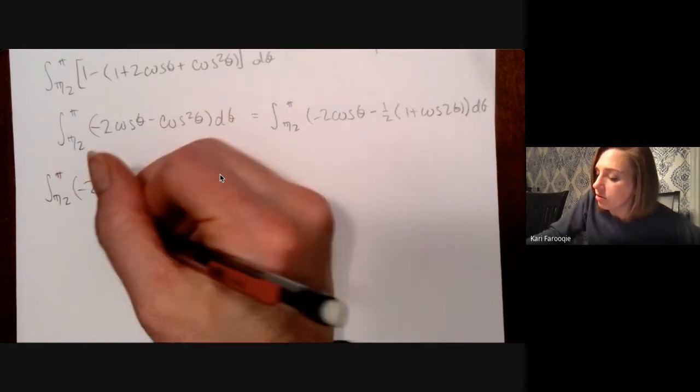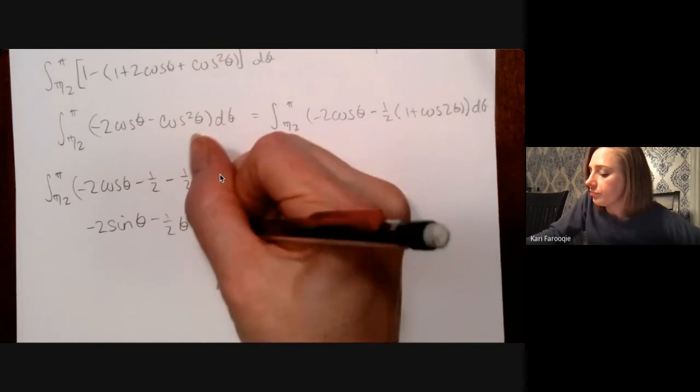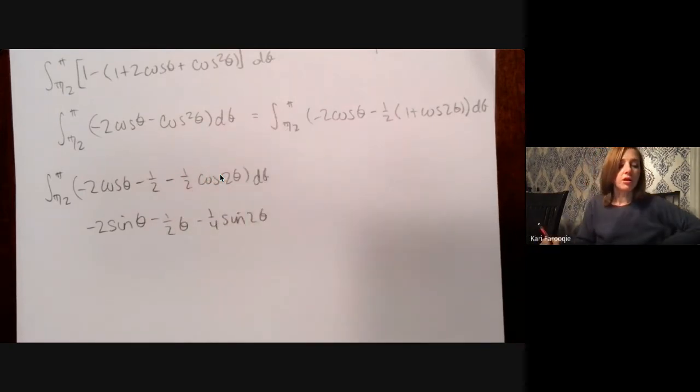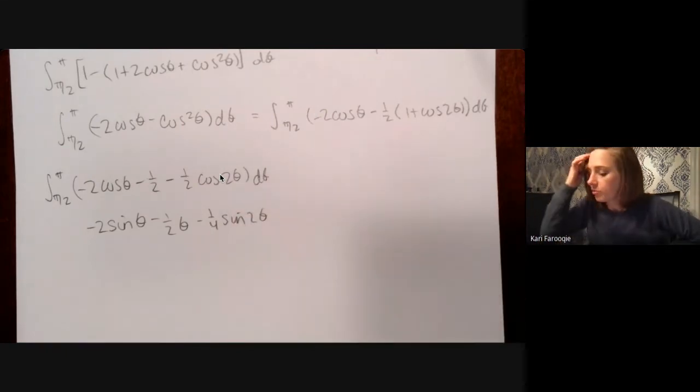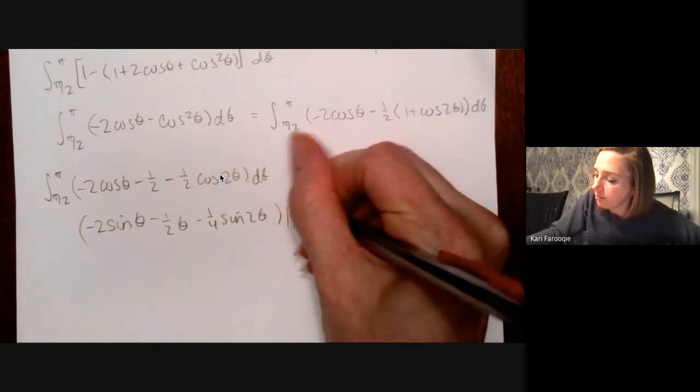So the integral of cosine theta is sine theta. And, you know, we just integrated this basically in the last example we did in part A. So we have that now, and we'll go ahead and evaluate that from pi over 2 to pi.